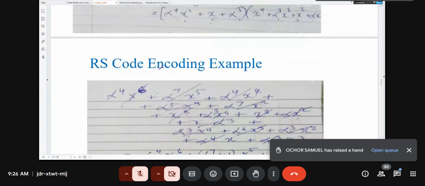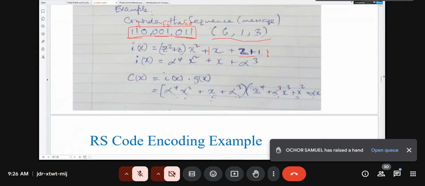So our symbol is Z squared plus Z, then X squared, because these are 3 symbols. Since there are 3 symbols, one will be represented by the one position, the other one by the X position, and the other one by the X squared position.